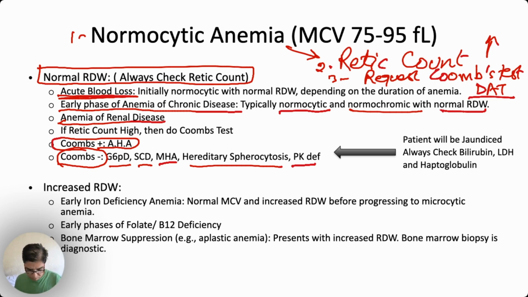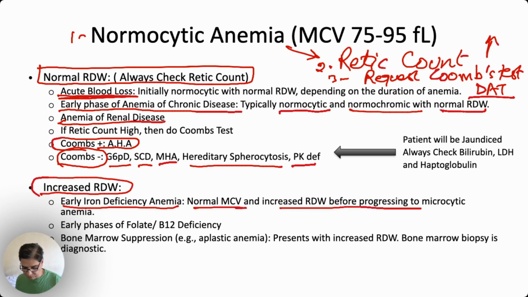If you are dealing with a normocytic anemia with an increased red cell distribution width, this can occur in early iron deficiency anemia, because in that case you will be getting a normal mean corpuscular volume and increased red cell distribution width before it progresses, and over a period of time iron is not being stored in the body. So from a normocyte, eventually they will go into small size microcytes.